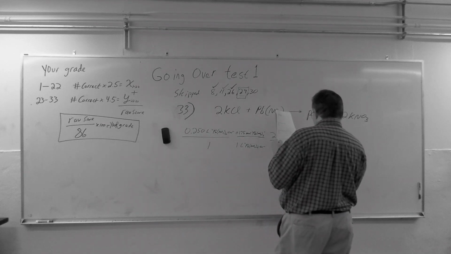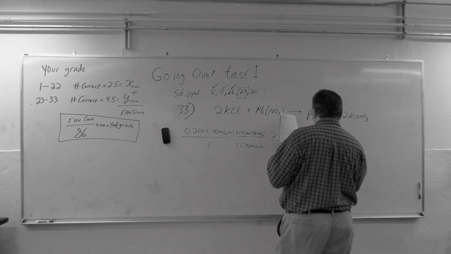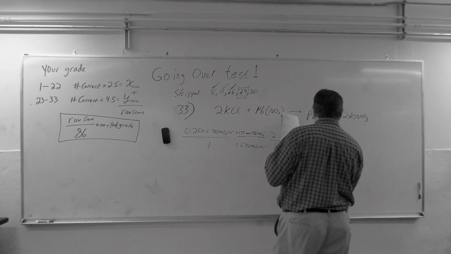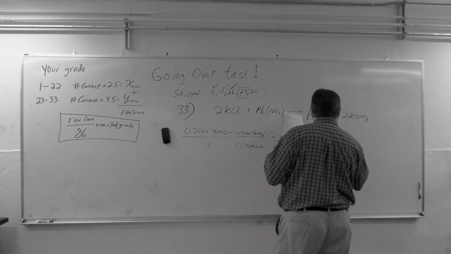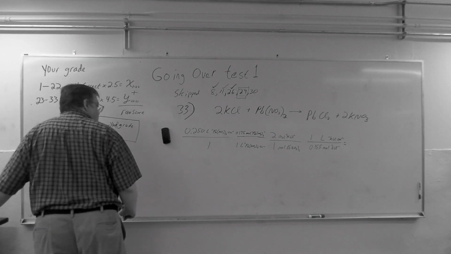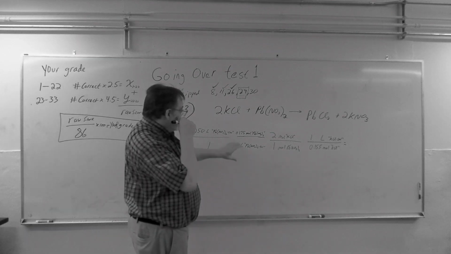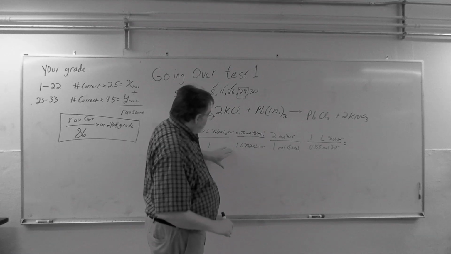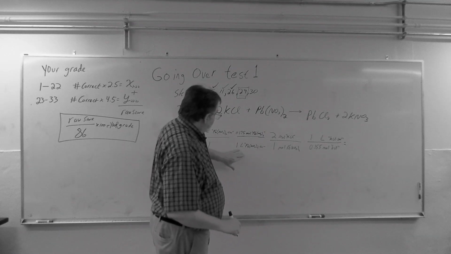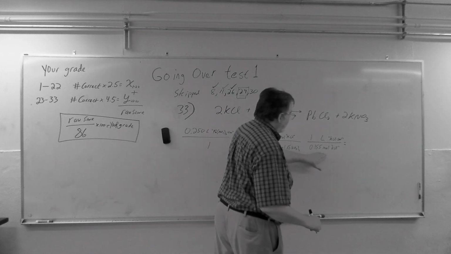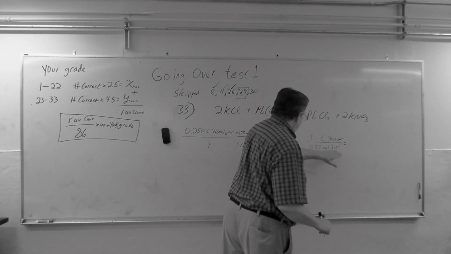KCl solution is 0.155 moles of KCl to 1 liter. Okay. So you're given this as a molarity and you're given this as a molarity. 0.175 moles per liter is the PbNO3 solution. 0.155 mole per liter is the KCl solution.